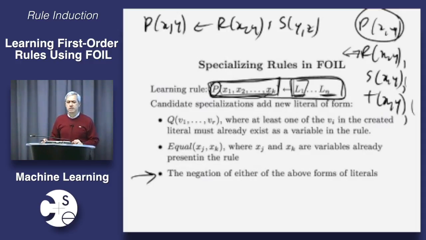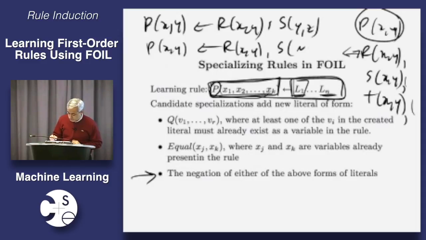But let me give you another example that hopefully will make you think. What about the following? P of xy if R of xy and S of uv. You like this one? It is surprising. Yes, this rule is surprising.